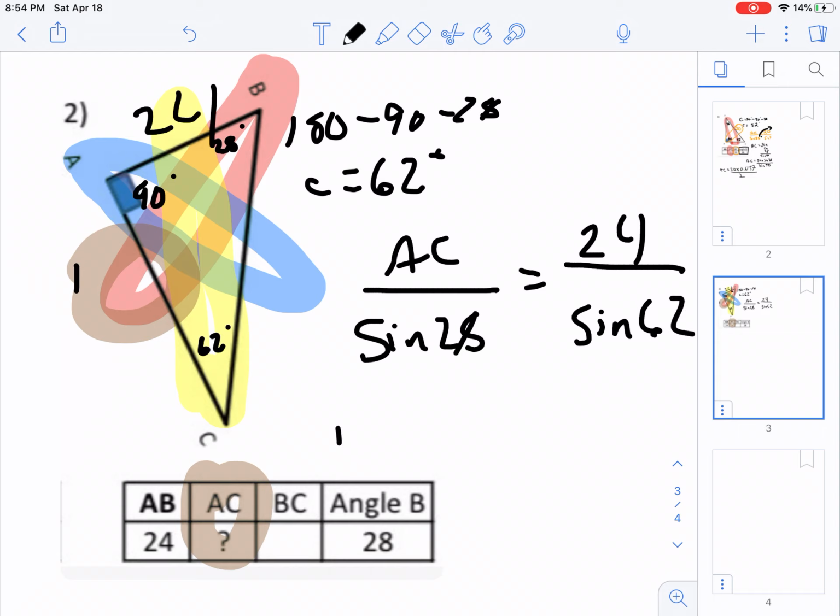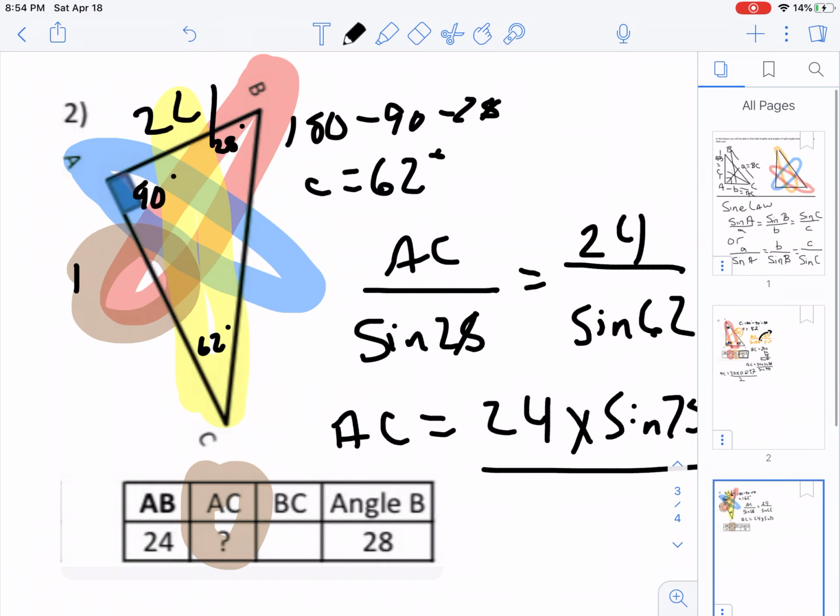Now in order to find AC, we do AC equals 24 times sine 28 divided by sine 62.